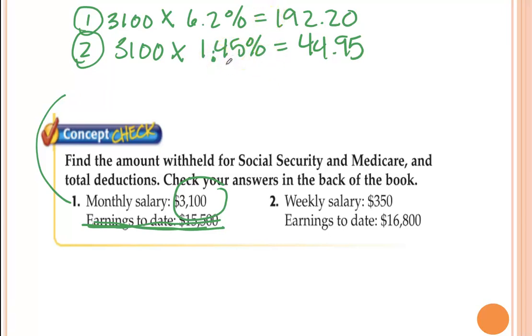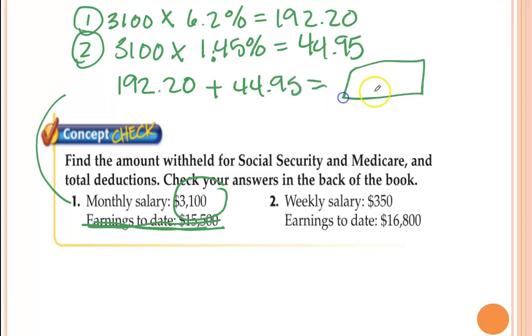Those steps are on your note-taking sheet. First you're finding the amount for Social Security, then for Medicare, then you're just adding those two together. So 192.20 plus 44.95 equals 237.15.